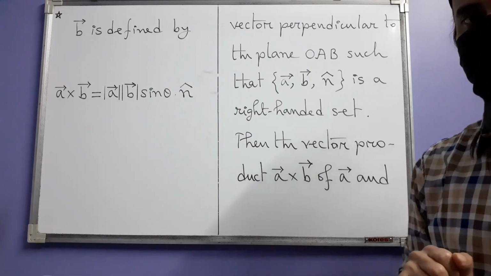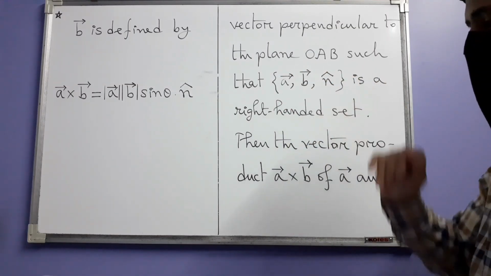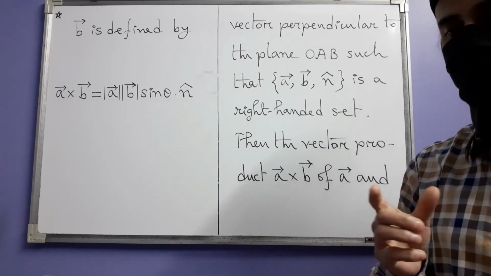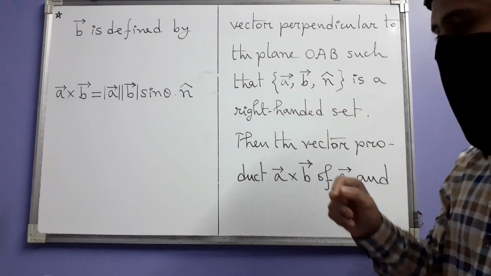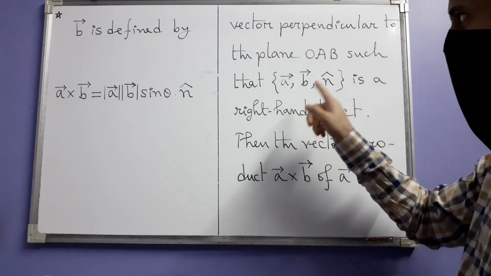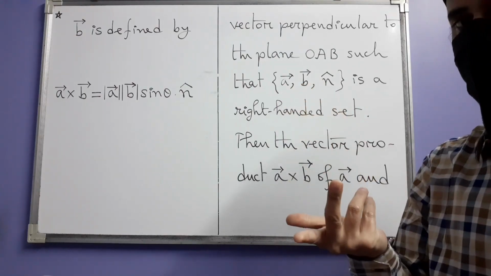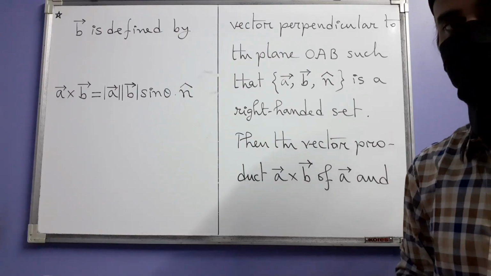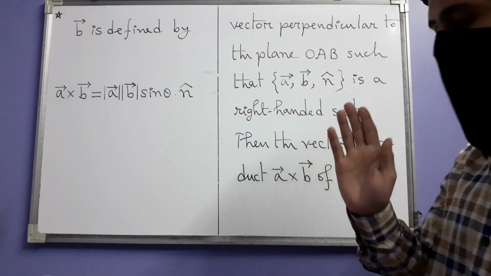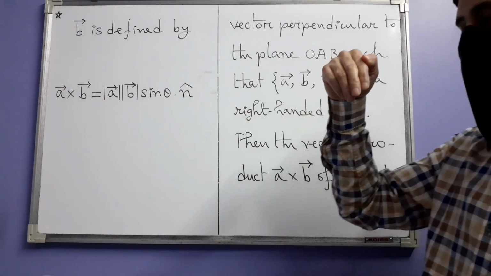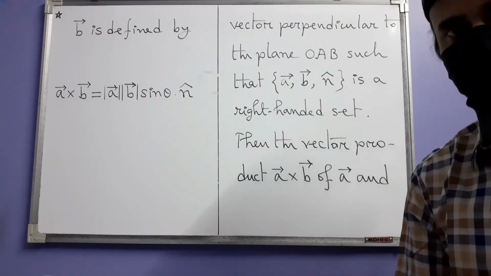And there is one more thing. Do you see this requirement that this set needs to be right-handed? And when you talk about handedness of a set of vectors, the order in which you take the vectors matters. If you change the order, say in place of A you write B, and you switch them, then this n hat will no longer work. The other n hat has to be chosen, the other unit vector which points opposite to this one, to maintain right-handedness.